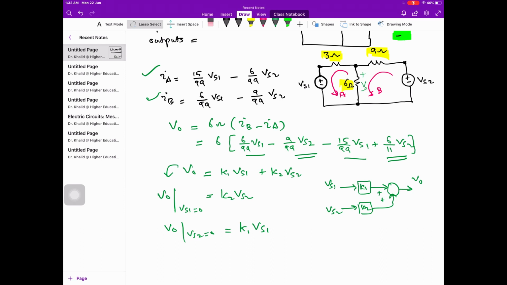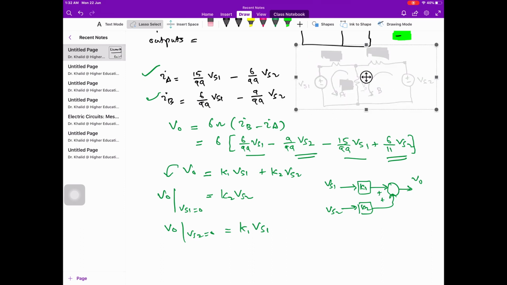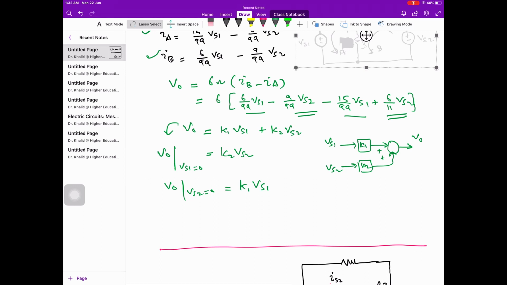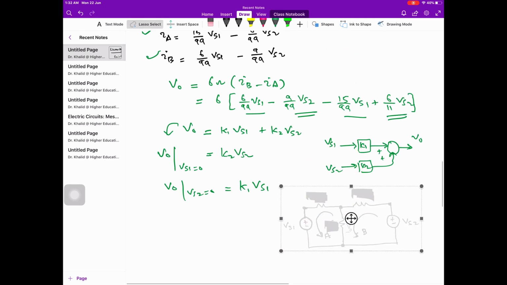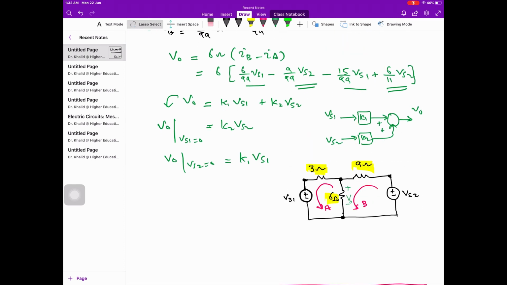Doing so, we can again see the circuit over here. If we take the circuit again, in order to find the output voltage only due to VS2, we have to eliminate this voltage source.